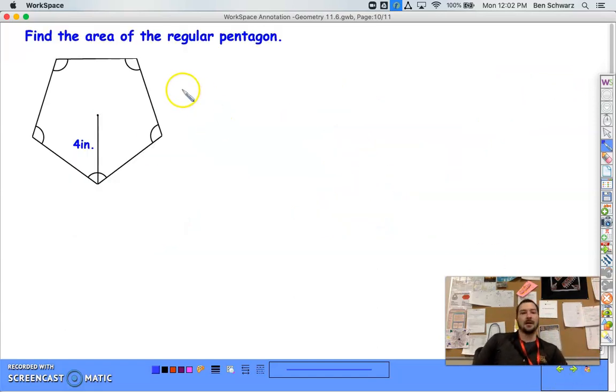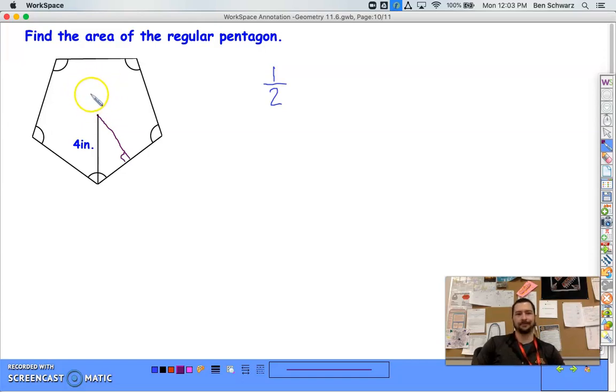All right, time to do another one. Regular pentagon. Again, we're going to do 1/2 AP, but we don't know either the A or the P. So we're going to have to draw in the apothem here, and if you draw in your textbook, please draw lightly with pencil. We've got to find our apothem, so in order to do that, we're going to need to find some angle measures.